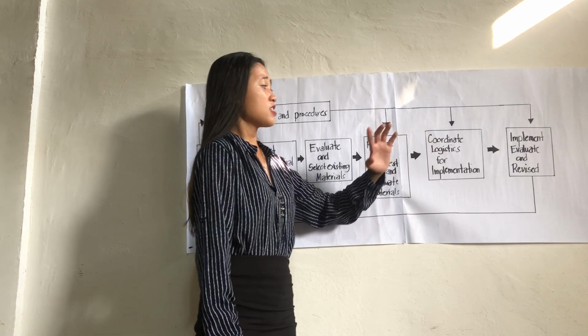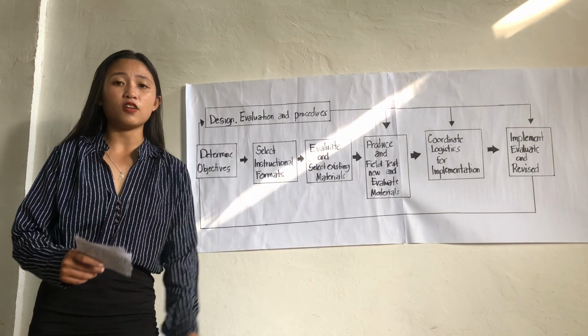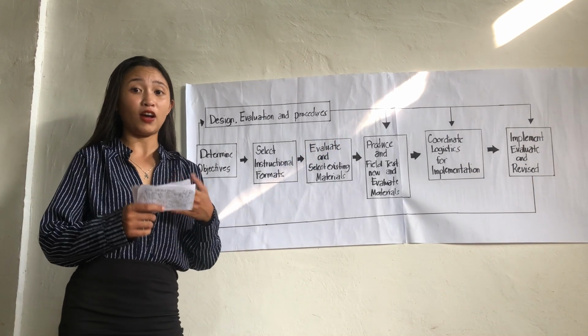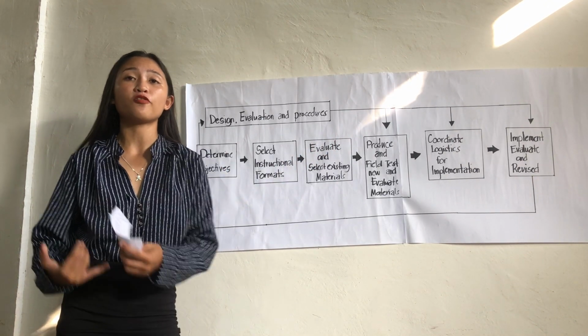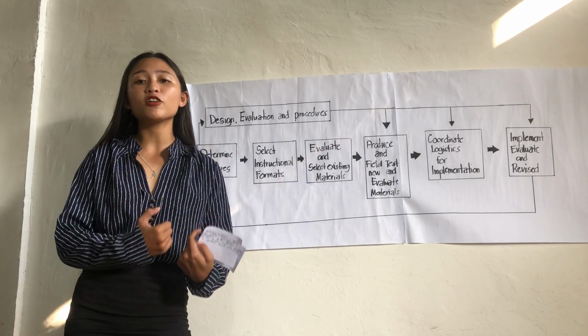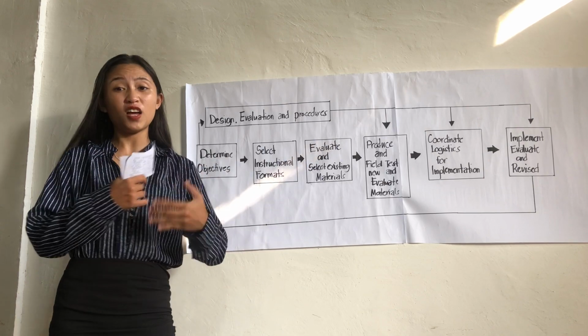At that time, in coordinating logistics for implementation, we could really assess if the implementation of the curriculum is effective or not: whether it was delivered effectively by the teachers to the learners, and whether the effective ways or changes of the new curriculum were delivered to the schools.